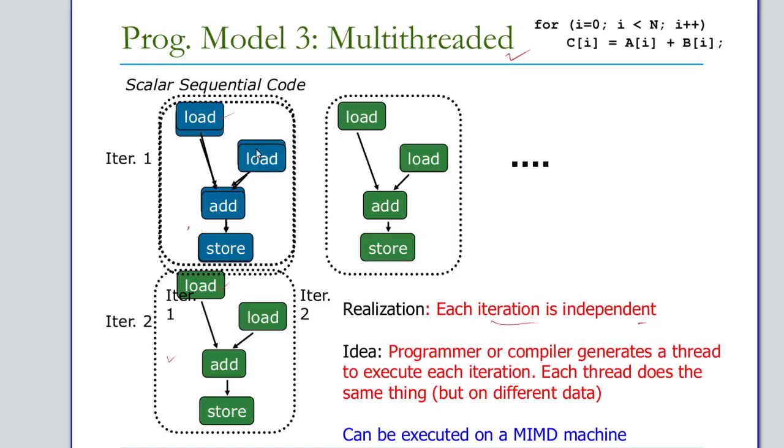The code is the same, just the data is changing. So can we execute these codes on different threads? We will create a thread and pass this sequence of code with a part of data, and give the same code along with different data.